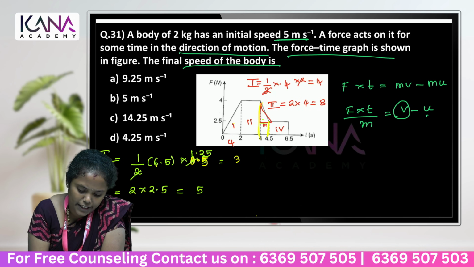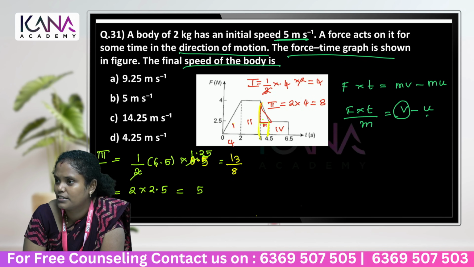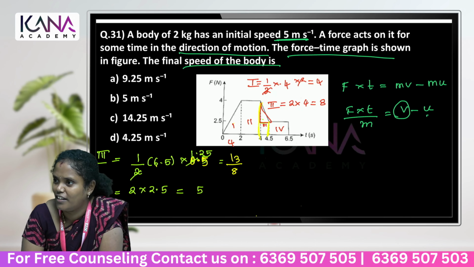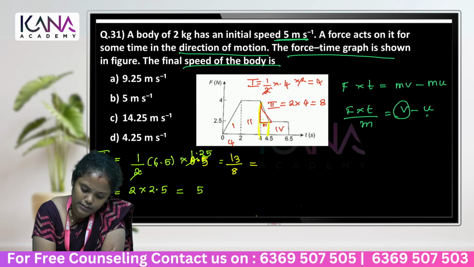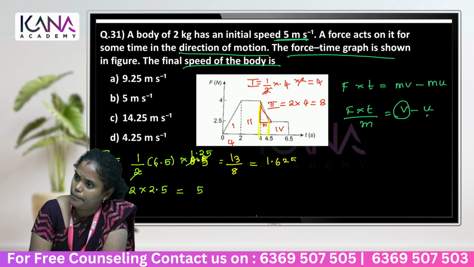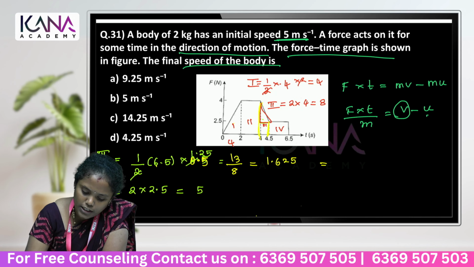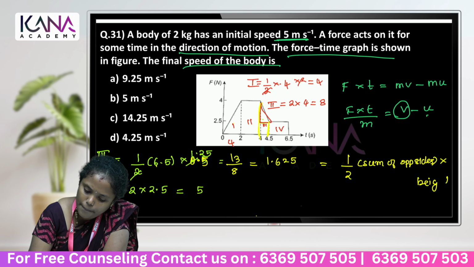Yes, it should be 13 by 8. You get the same above, 3 by 8 plus 1.25, 1.625. Half into sum of opposite sides into height, trapezium.